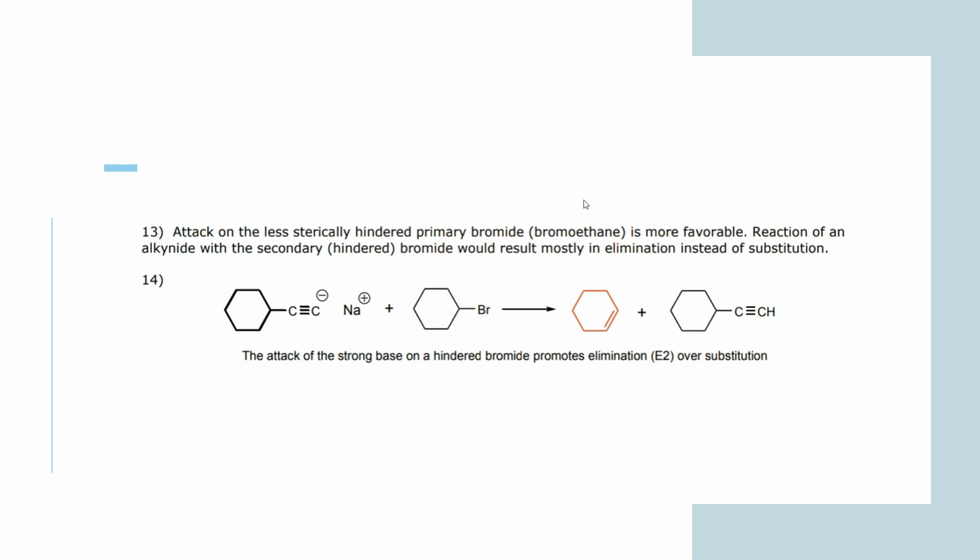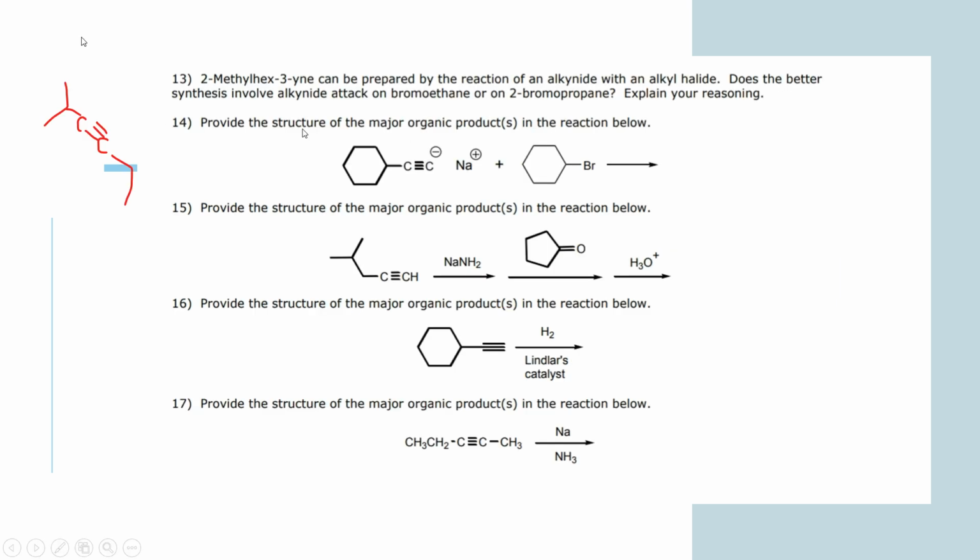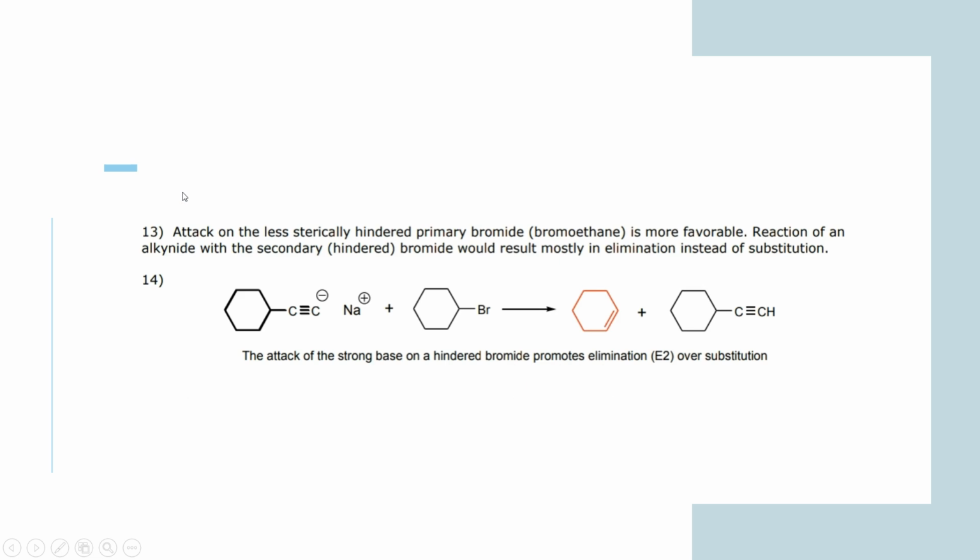So, clearly it is a substitution reaction. You have to substitute with alkynide on a bromide to give this compound. Attack on the less sterically hindered primary bromide is more favorable when it comes to SN2 substitution reactions.